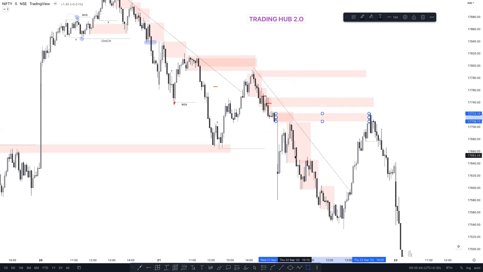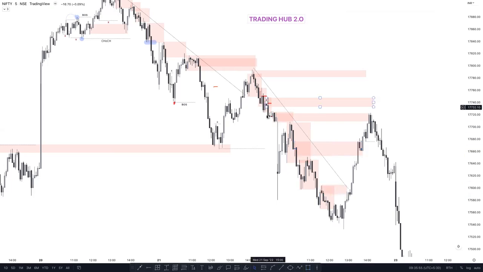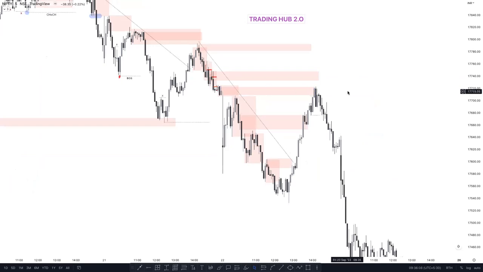And this one is mitigated, and this one is mitigated. So there are a lot of order blocks. So which order block should we use? We use an unmitigated order block, but every order block is already mitigated. So we can't take a decision as per this order block because every order block is mitigated, right? So we can take entry after taking out the inducement, after taking out the liquidity, we can sell, right?